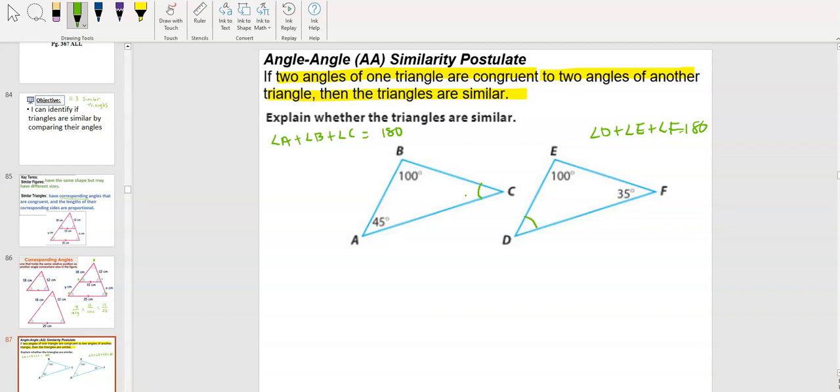And if I can prove that two of the angles are the same, then I know that these triangles are similar, okay? The reason that they're similar and not just congruent is because I'm only looking at angles and I don't actually know what their side lengths are. So one of these triangles could be bigger than the other or smaller than the other. So we're just focusing though on our angles.